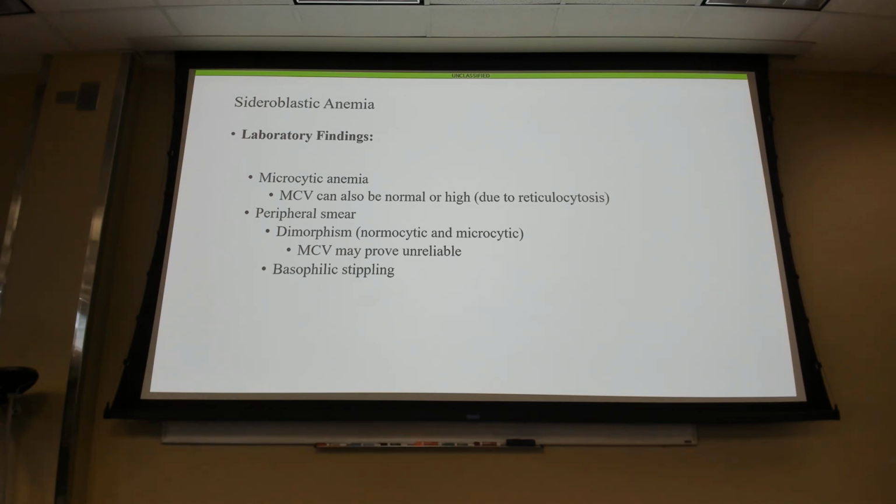Dimorphism, you get a normocytic and microcytic population, two populations. Some of the cells look pretty normal, and then a lot of cells are microcytic. That's what that's referring to. So there's some variability with that MCV. It's typically a microcytic condition and we treat it as a microcytic anemia, but the MCV could fool you a little bit depending on where they are in the disease process.